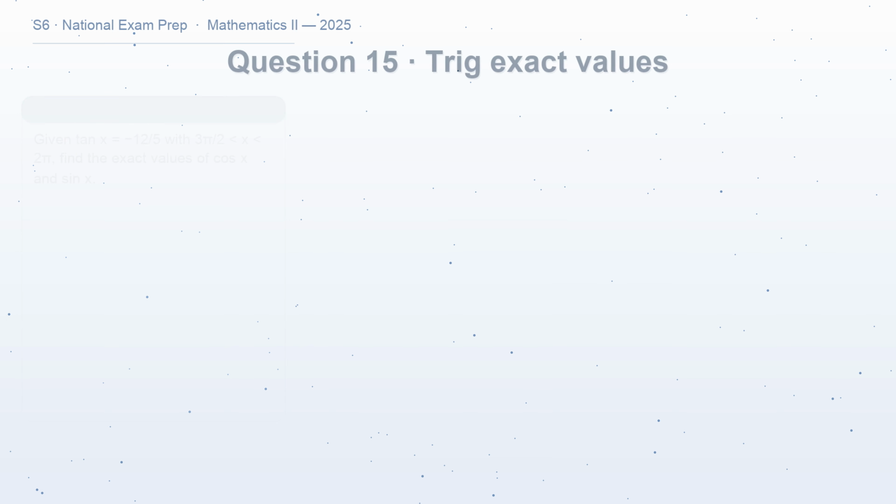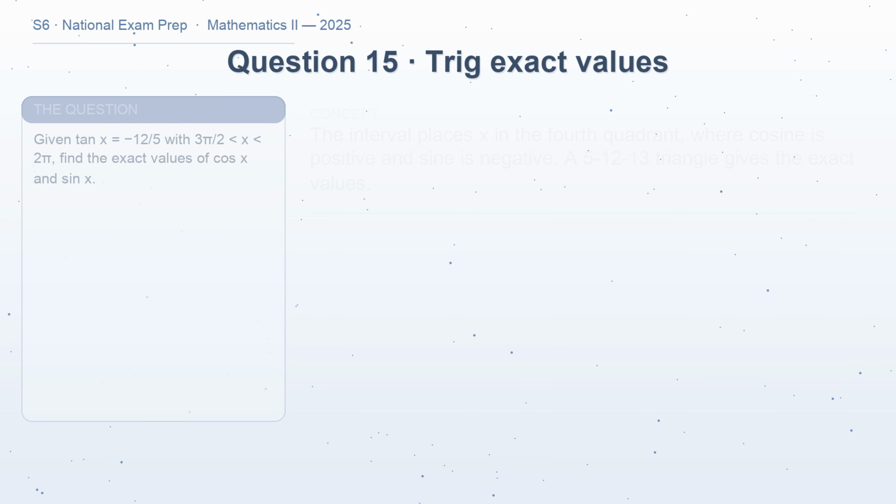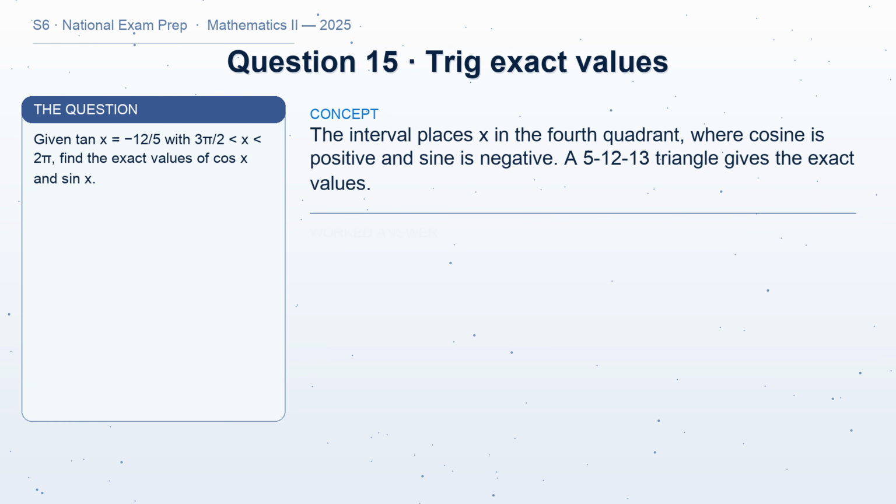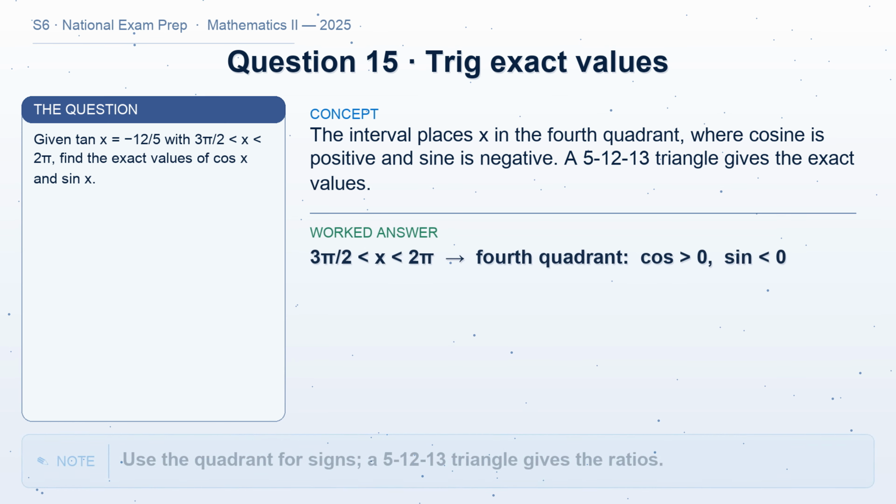Question 15. Given that tangent x equals minus 12 over 5, with x between 3 pi over 2 and 2 pi, find the exact values of cosine x and sine x. First, the interval. Between 3 pi over 2 and 2 pi is the fourth quadrant, where cosine is positive and sine is negative. That tells us the signs before we do any arithmetic.